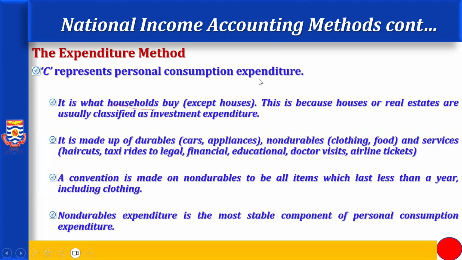And the reason why we exclude the buying of a house as a consumption expenditure is that houses are actually goods and services produced by firms that are into real estate.